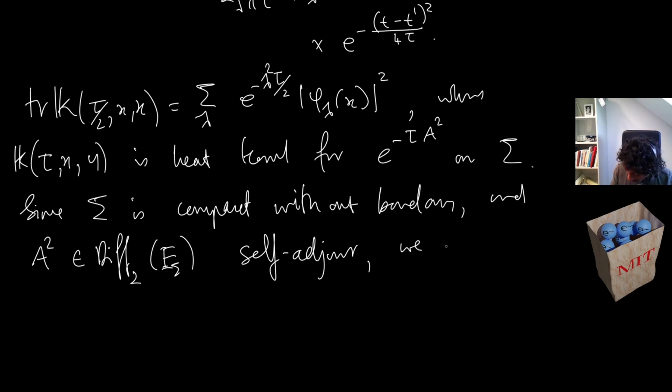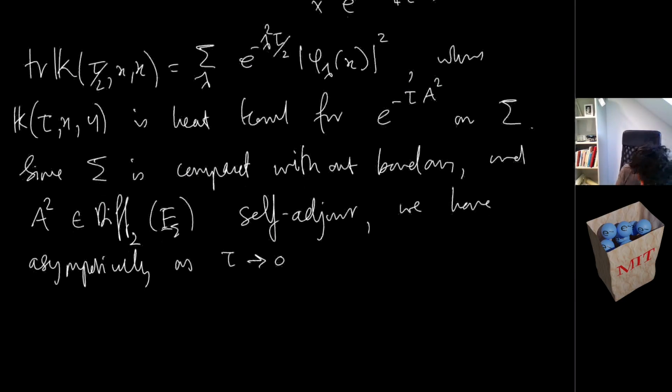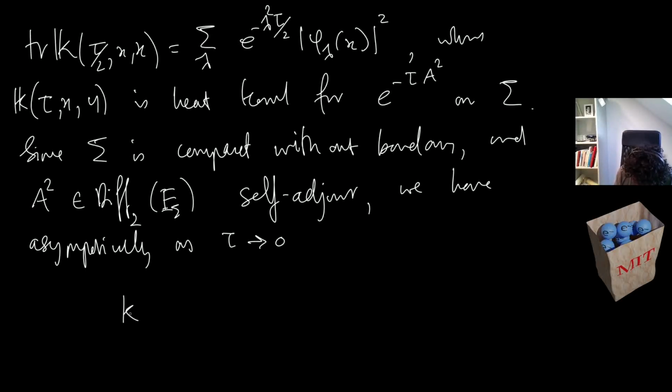We have asymptotically, as tau tends to 0, the trace of the kernel K tau xx is bounded by some constant times tau to the negative n on 2.